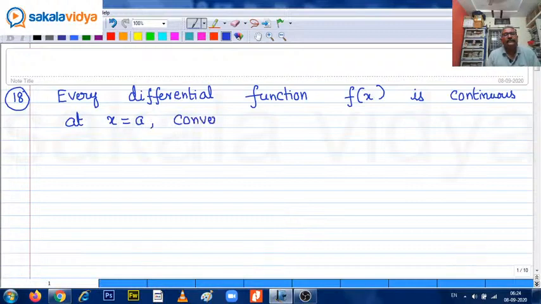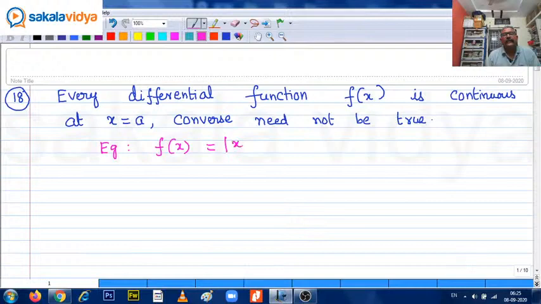All functions are not differentiable. The converse need not be true. For example, you can take f of x equal to mod x. f of x equal to mod x is continuous on R, but it is not differentiable.